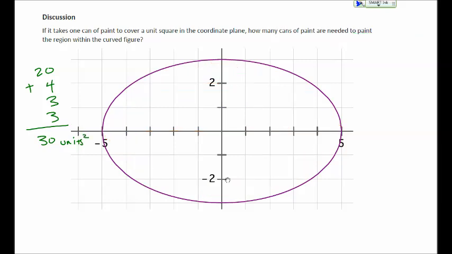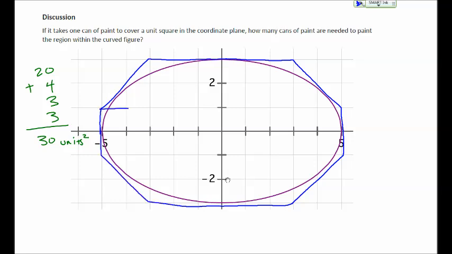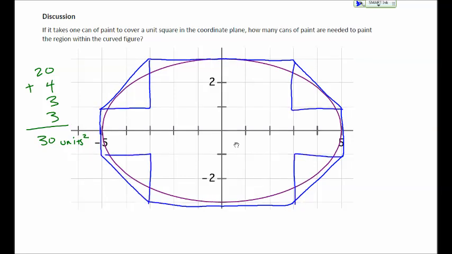Now we'll do the exact same thing, but do it on the outside of the shape to find an upper bound for this area. Okay, in this main section, I have 1, 2, 3, 4, 5, 6 by 1, 2, 3, 4, 5, 6. So this right here is a 6 by 6 square, which is 36.